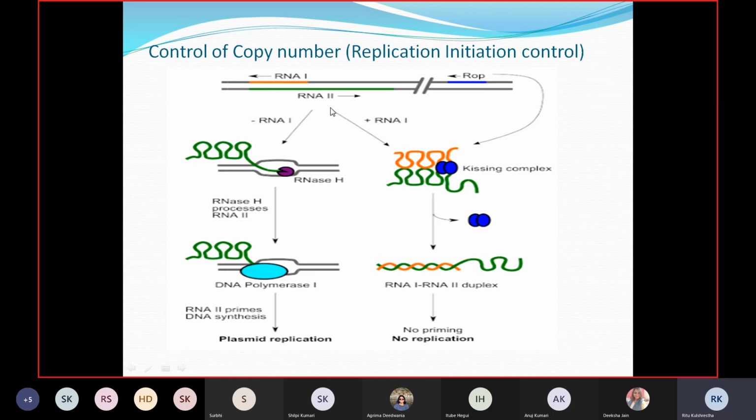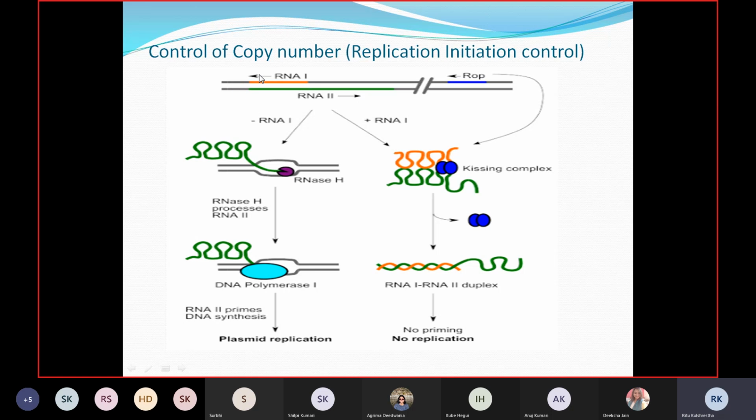This RNA2 is the transcript which is important for initiation of replication of the plasmid. If you ever see an arrow like this, it means that the promoter of this particular transcript is here, upstream. It means that the promoter for this particular gene is here. So you should always be aware of the arrow thing. Here the promoter is here.